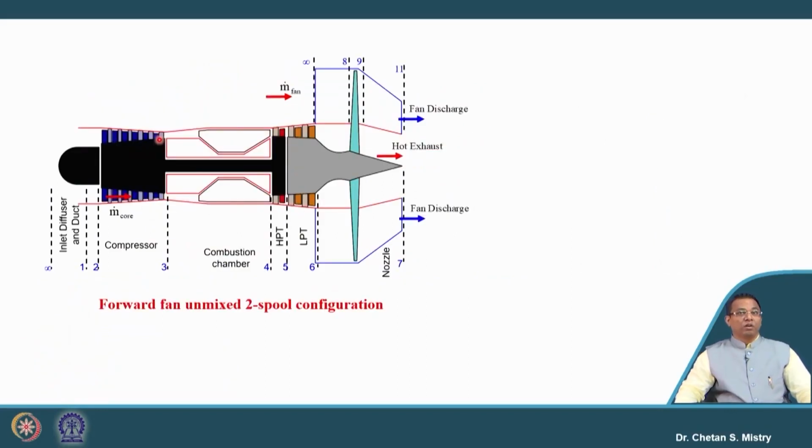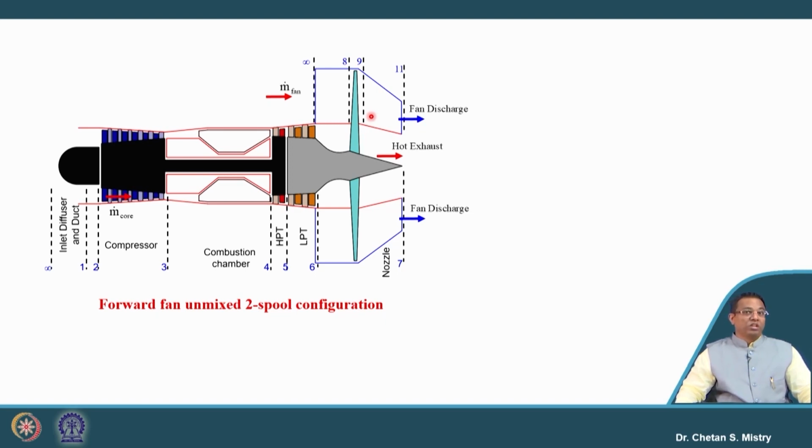Okay. So, in this case, if you look at what we have, this is our core engine, where my HP turbine rotates the compressor, and I have my LP turbine, which is used to rotate the fan, but this fan is placed on the aft side, on the rear side.